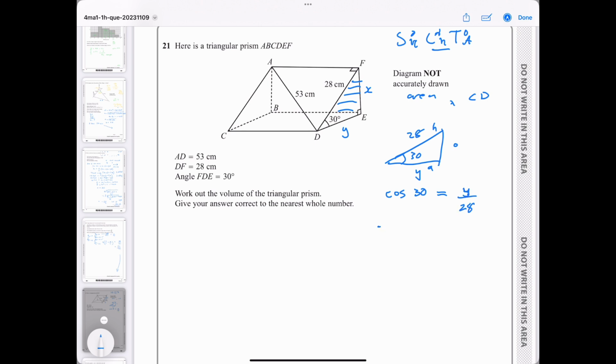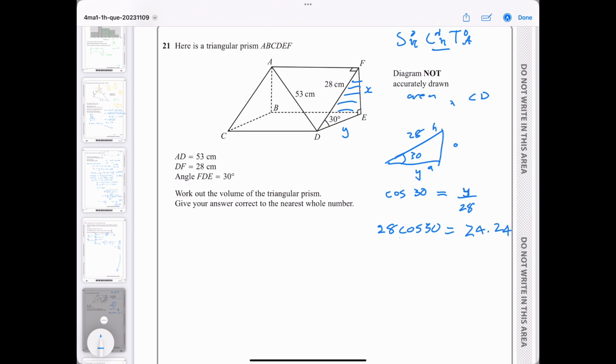So we know that y equals 28 cos 30. And the answer to that is 24.24. Okay, so we've got 24.24 for that bit.